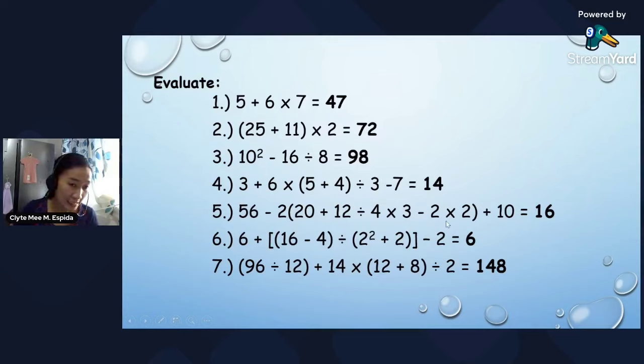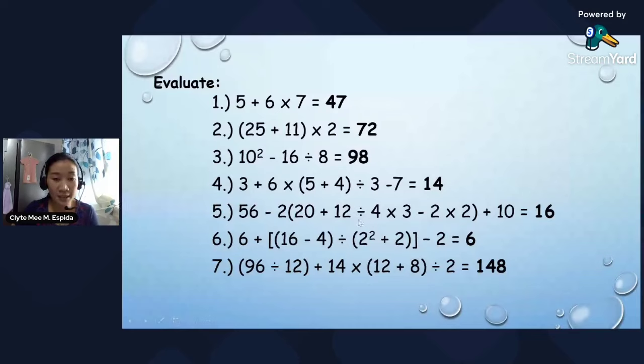Based on GEMDAS, we're going to do first the numbers inside the parentheses or grouping symbols. But within the grouping symbols, we still follow GEMDAS. So we're going to go first with multiplication and division. But based on our discussion earlier, we do it from left to right.